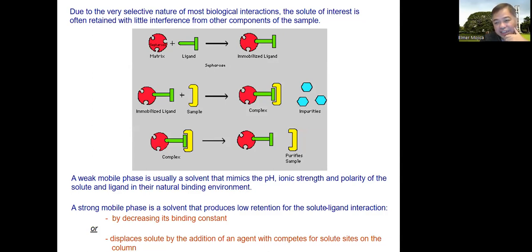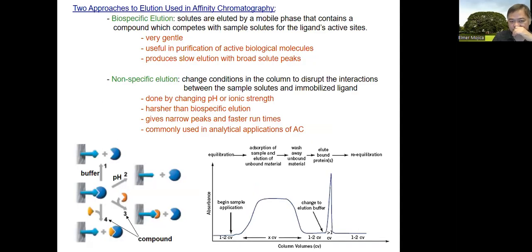And you can manipulate or modify the condition as easily as just changing the pH, because at different pH, sometimes the activity of the stuff that you're trying to separate will change. It can change the binding constant, or replace the solute by addition of an agent which competes for the solute sites on the column.